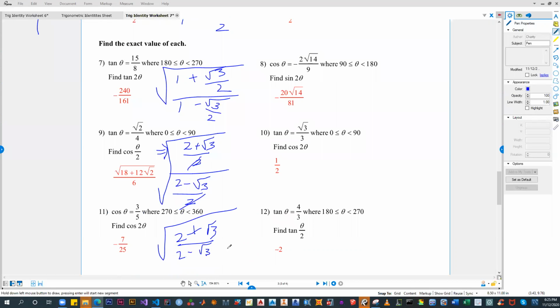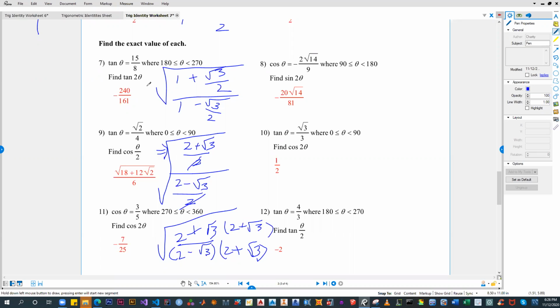Yep, so you times that by the conjugate, the 2 plus root 3.